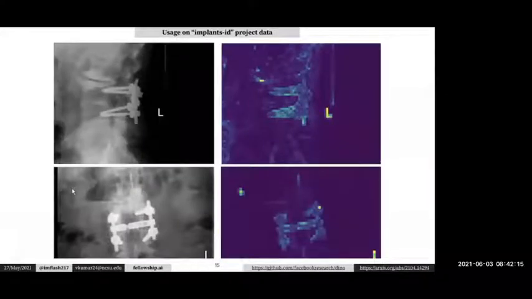I'm working on the implants identification project, and this is what we did. We took DINO out of the box from the pre-trained Facebook model, and it was never trained on X-ray images. It never saw the implants data, and we fed in this input data, and this is what it was able to come up with.